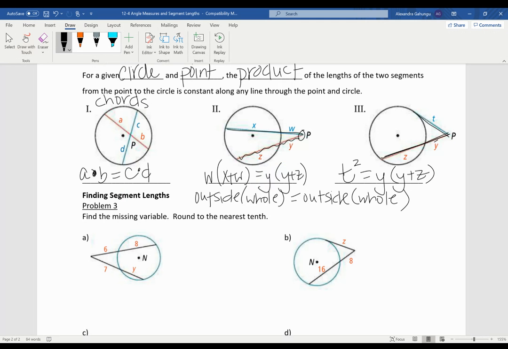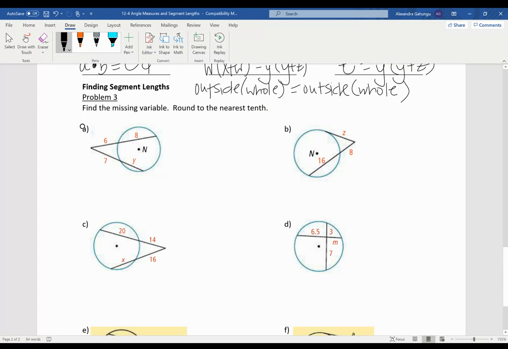So let's do some examples for these. Okay, so these lines intersect outside the circle. So we're going to do outside times the whole. The outside of one of our segments is 6 times the whole of that segment. Now the whole segment is 6 plus 8, so 14, equals the outside of the other segment, which is 7, times the whole.